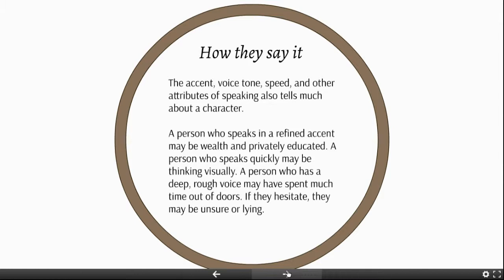Somebody with a very posh accent, with a good vocabulary, we might assume that they're well-educated and wealthy. Well, that's an assumption, but very oftentimes if an author is going to use that kind of indirect characterization, that's probably what they want us to get at.